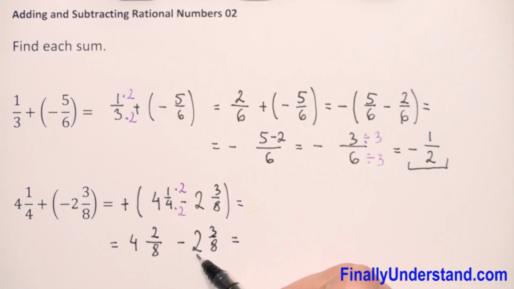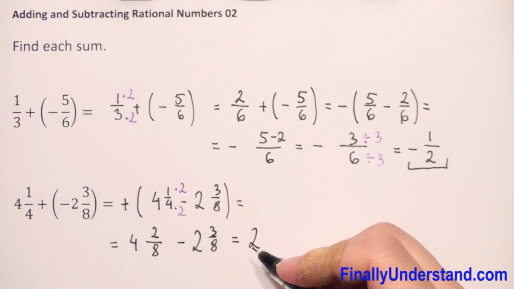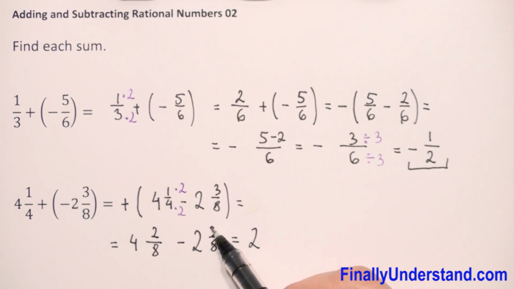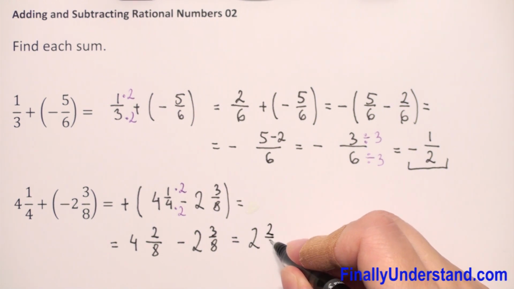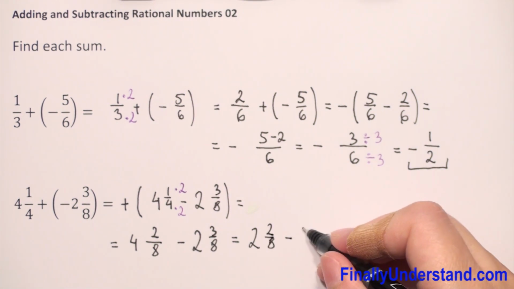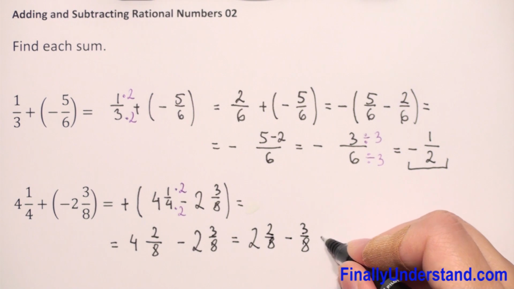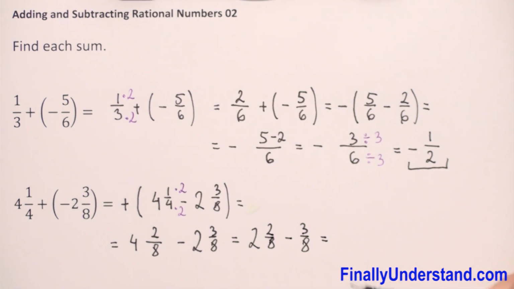4 minus 2 is 2. And now we need to subtract 3 over 8. So let's copy the first fraction, 2 over 8. We need also to subtract 3 over 8. So this is equal, because when we subtract fractions, we copy the denominator and subtract numerators. We have 2 minus 3. 2 is less than 3.